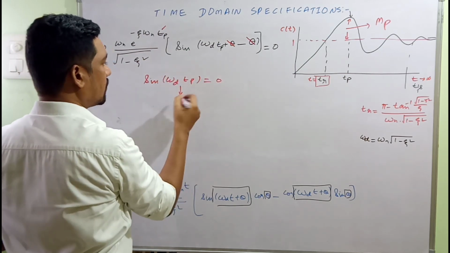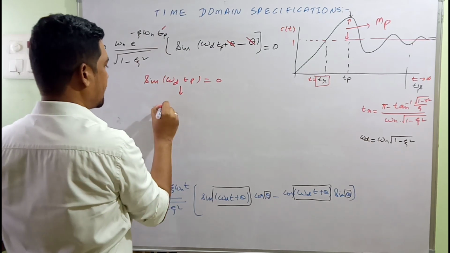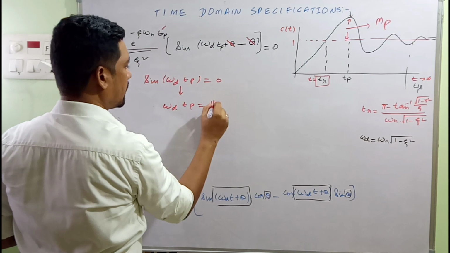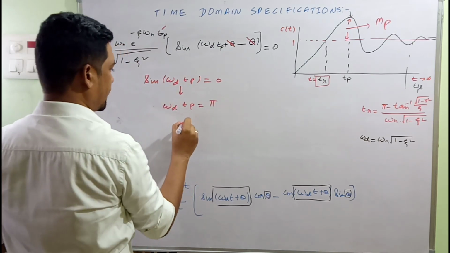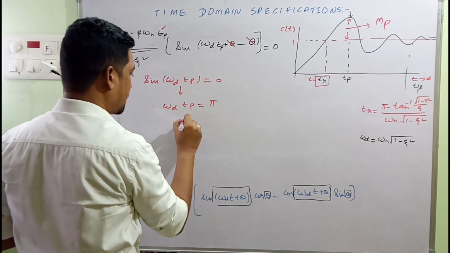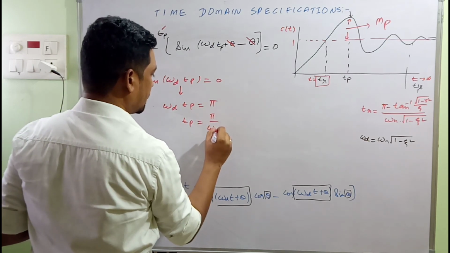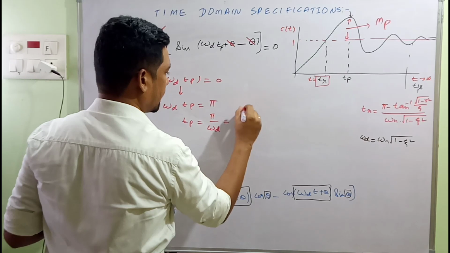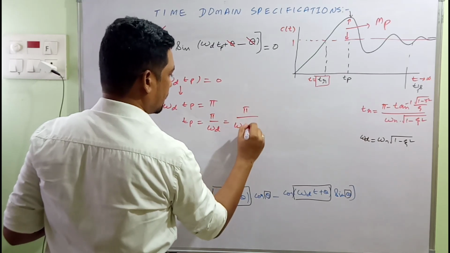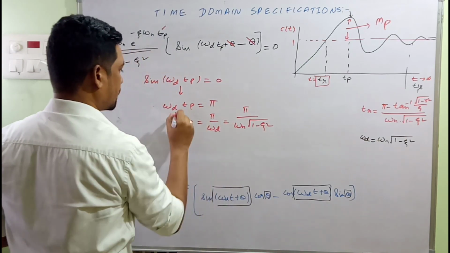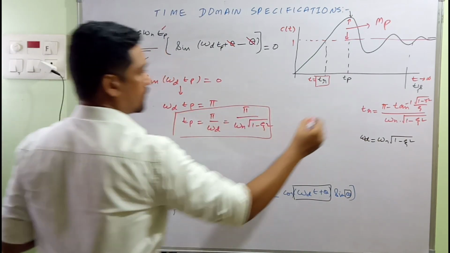Now this should be equal to pi for that to be 0, that is, omega d Tp should be equal to pi. In the sense we are in search of Tp, which is equal to pi by omega d, which is equal to pi by omega n into under root 1 minus zeta square. This is the expression for the peak time.